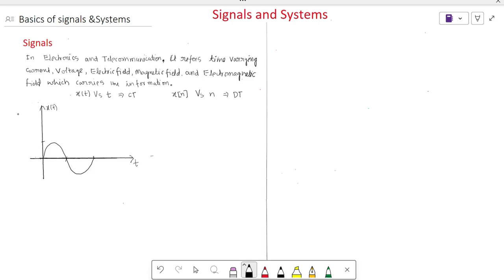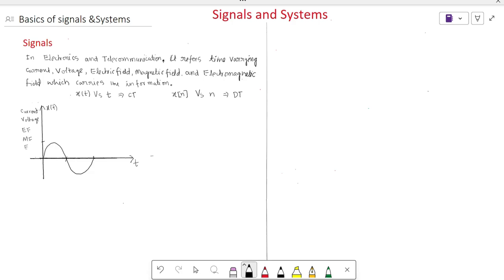Here the magnitude may be current or voltage, and electric field or magnetic field or electromagnetic field.